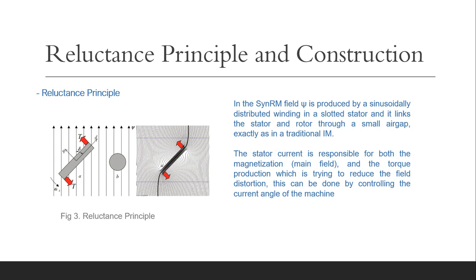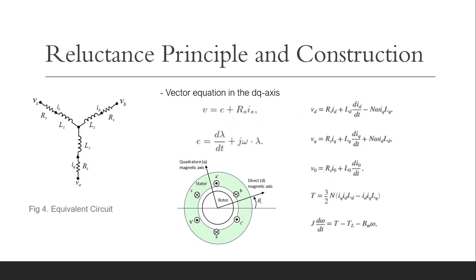The stator current is responsible for both the magnetic excitation, the main field, and the torque production, which tries to reduce the field distortion. That can be done by controlling the current angle of the machine.